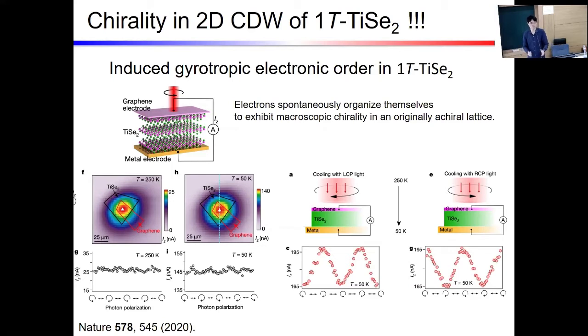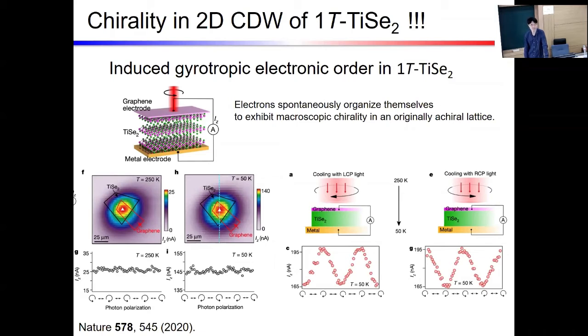But cannot tell. So the simple idea is that when you cool down, the two different chiralities exist in exactly the same population. So it's apparently non-chiral, but when you cool down in circular polarized light, it makes one part dominant. Yeah. But it cannot be checked experimentally.